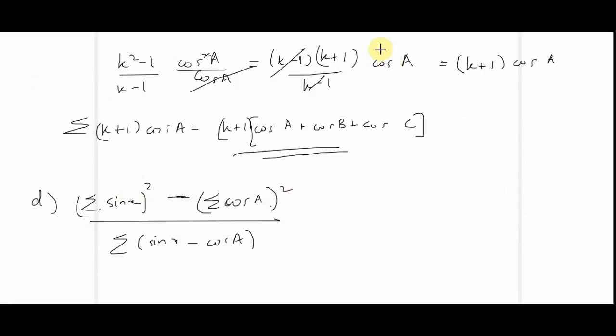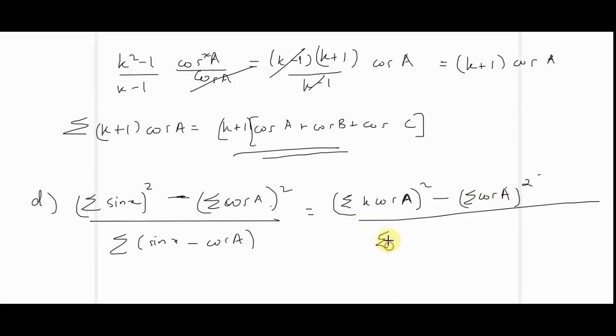Now we again make that substitution, sin x equal to k cos alpha. I'm saying alpha, I meant to say a. So what we have here is k cos a whole square minus summation cos a whole square. In the denominator we have again k cos a minus cos a.